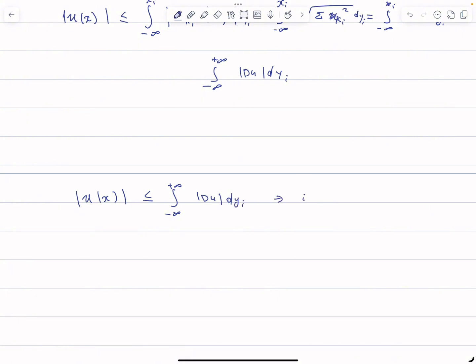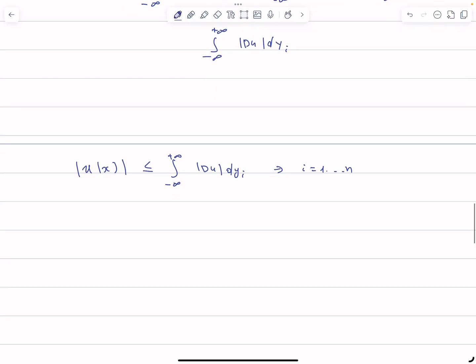This inequality is correct for all i from 1 to n. Therefore, let's multiply all of them. It becomes |u(x)|^n less or equal than the product for i from 1 to n of the integral from minus infinity to plus infinity of |Du| dyi.